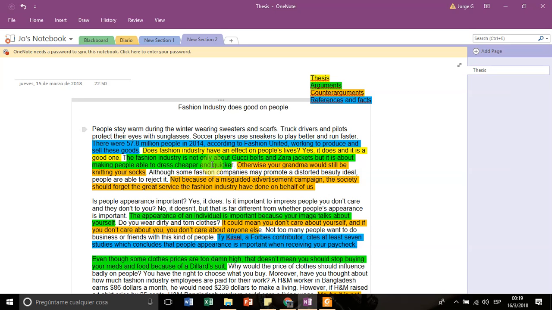So my counter argument is, okay, you think the fashion industry is bad, but if there wouldn't be a fashion industry, then your grandma, your mother, or your parent, or yourself would have to knit your socks. And knit is the process of making clothes. So this is a counter argument. I am telling you that it's silly to think that there shouldn't be a fashion industry because it's necessary. And this is how counter arguments work.